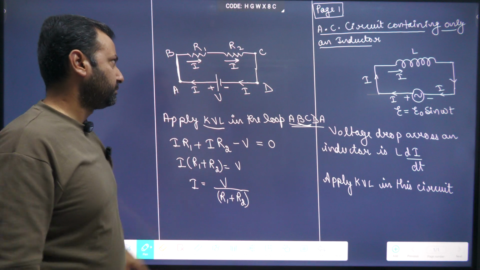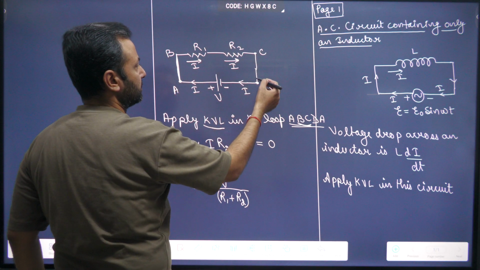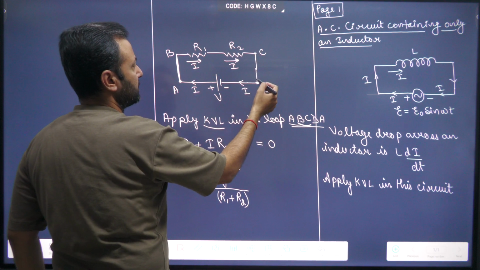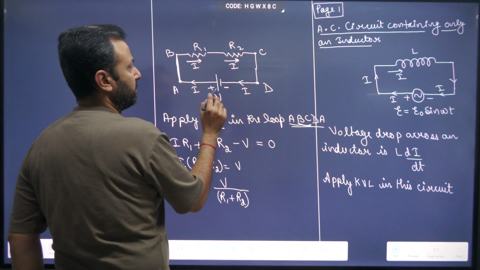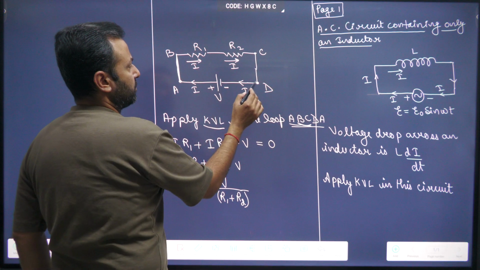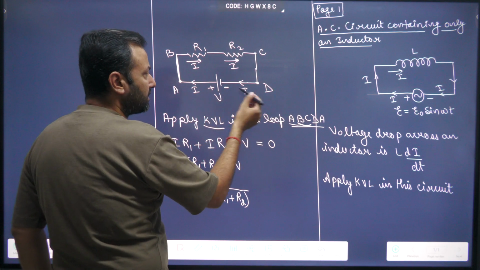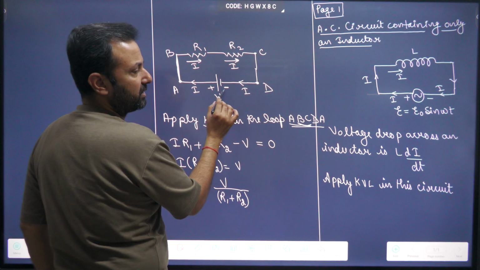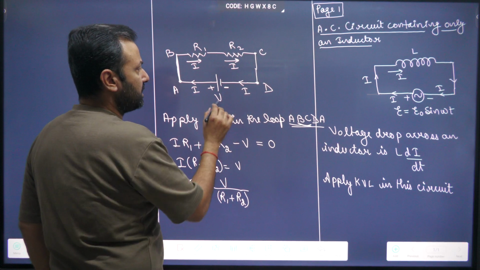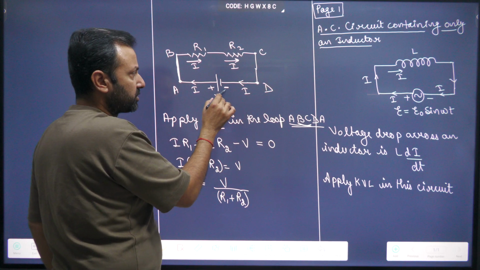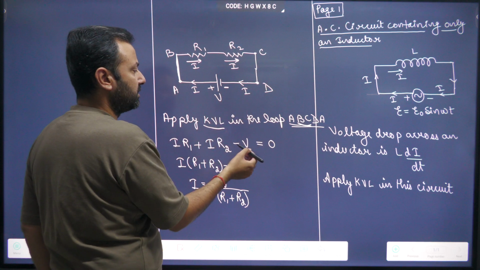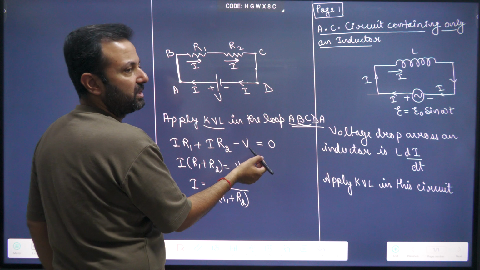I R1 plus I R2. After that, I am moving from C to D, no component, then D to A, one component, voltage source. So when I move from D to A, I am encountering this negative terminal first. So I will take minus V. If there would have been a positive terminal here, then I would have written plus V here.